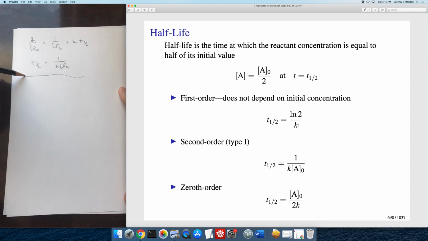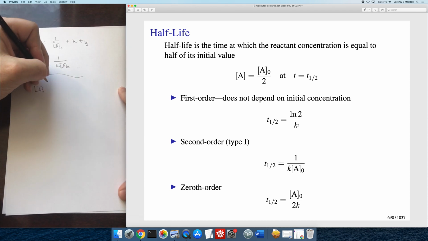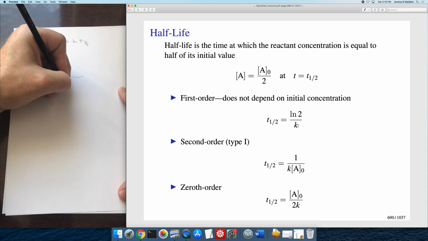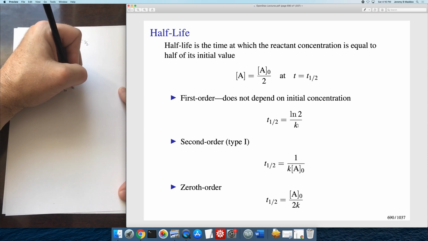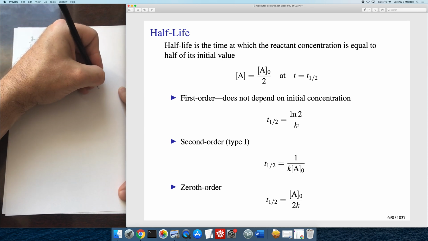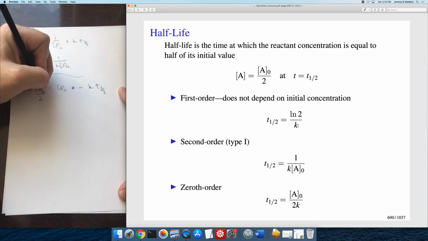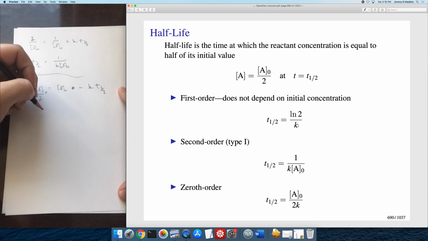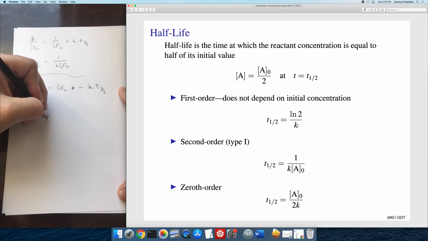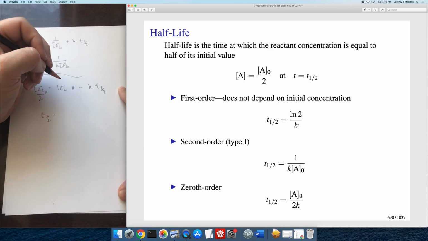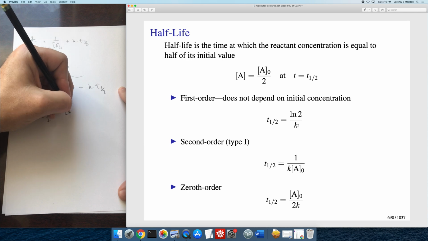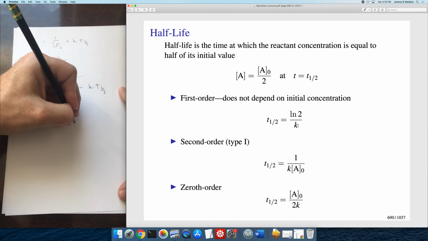For the zeroth-order kinetics, when you've got this expression, it should be minus kt. Plug in the half-life condition, rearrange, you get this.